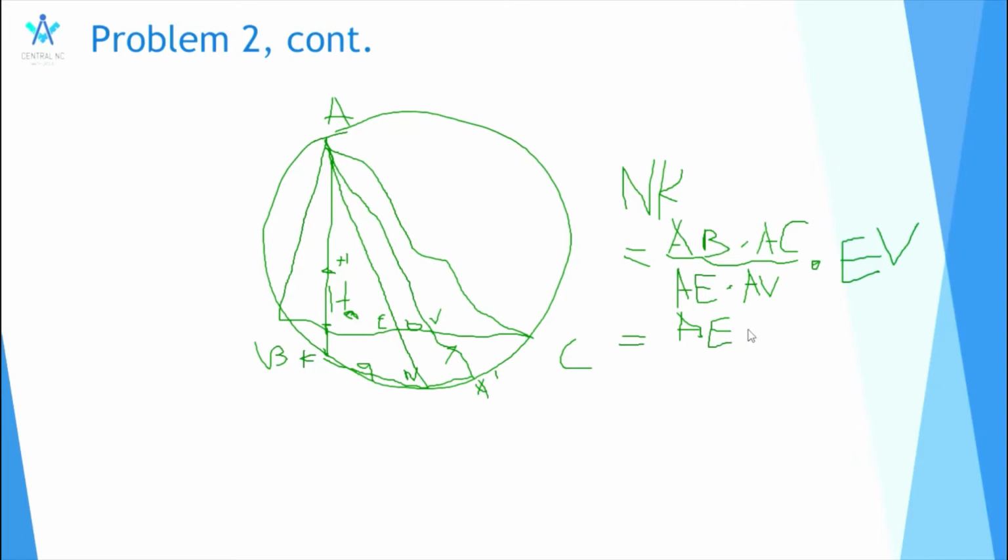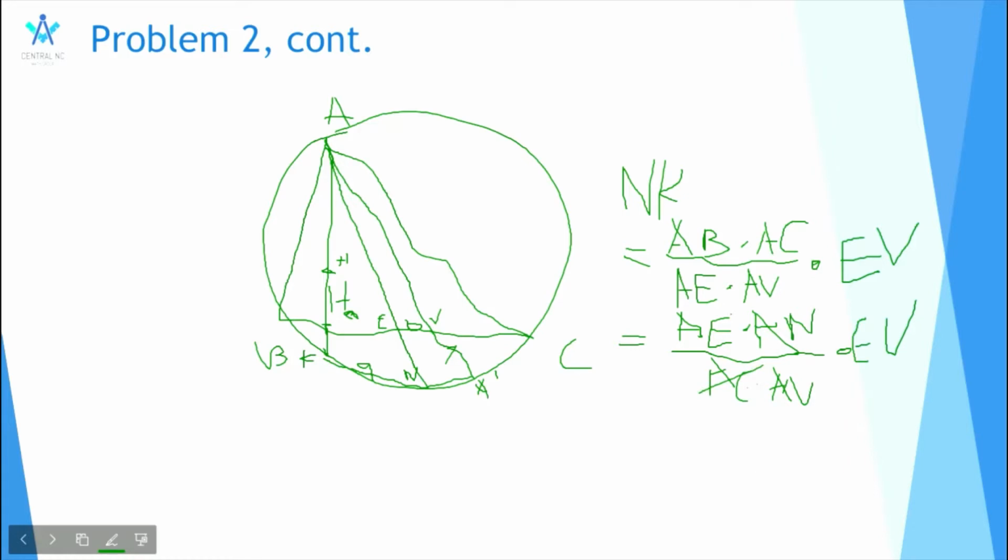This is really helpful because from now on, we either know the lengths in this equation, or we can substitute these lengths in terms of r. So AE cancels out. We're left with AN over AV times EV equals NK.